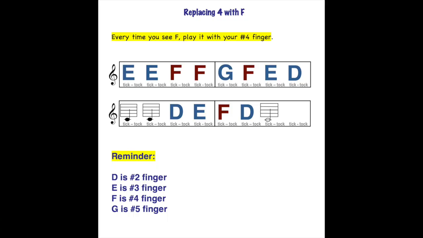I'm going to count to 3 first. 1, 2, 3, E, talk, E, talk, F, talk, F, talk, G, talk, F, talk, E, talk, D, talk, C, talk, C, talk, D, talk, E, talk, F, talk, D, talk, C, talk, C, talk.